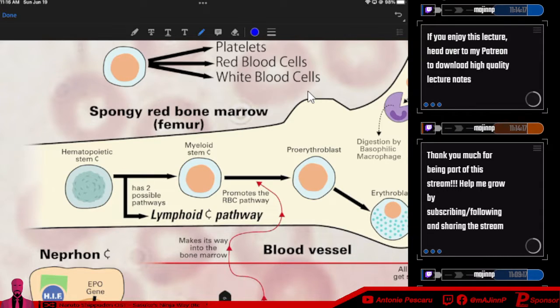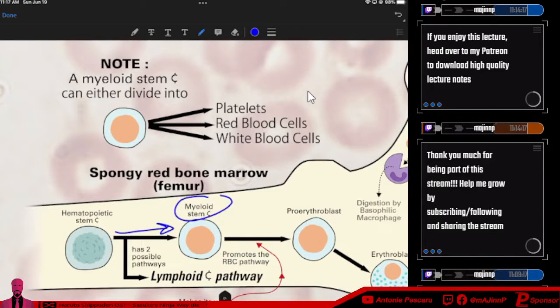We're going to be getting into this pathway over here, the myeloid stem cell pathway. Once your stem cell gets to the myeloid stem cell pathway, the myeloid stem cell has three positions to divide into: either platelets, red blood cells, or white blood cells.